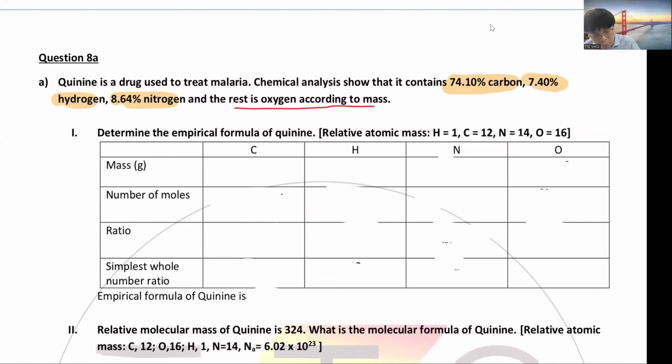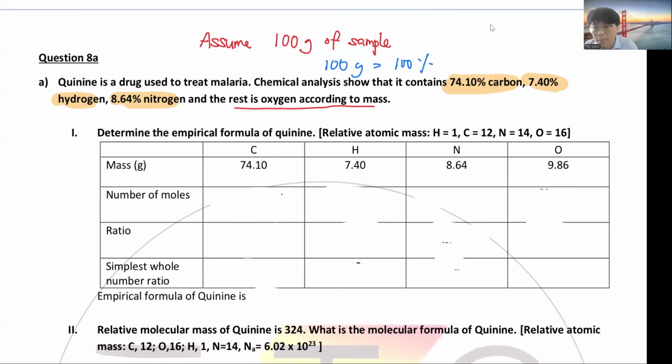So now this is what we do. We assume we have 100 gram of sample. Why? Because 100 gram equals to 100%. So I can direct change the percentage into gram. And then the last one, how do you get this one?